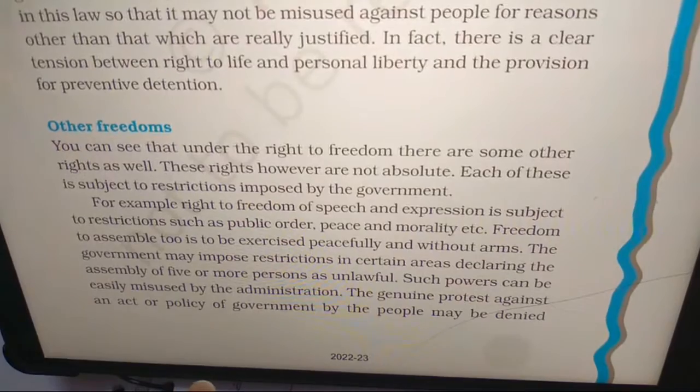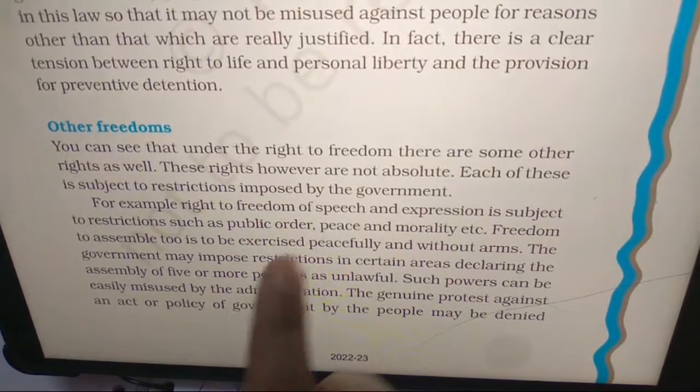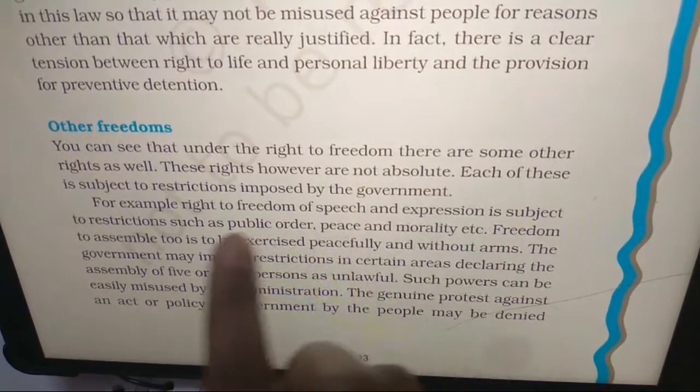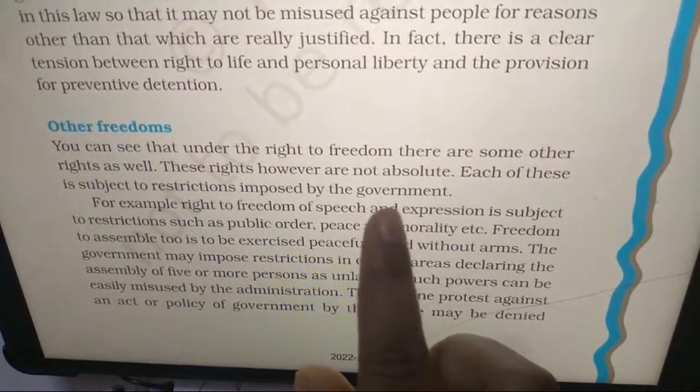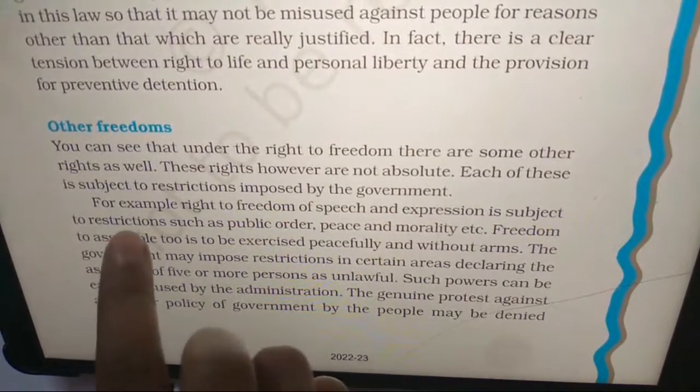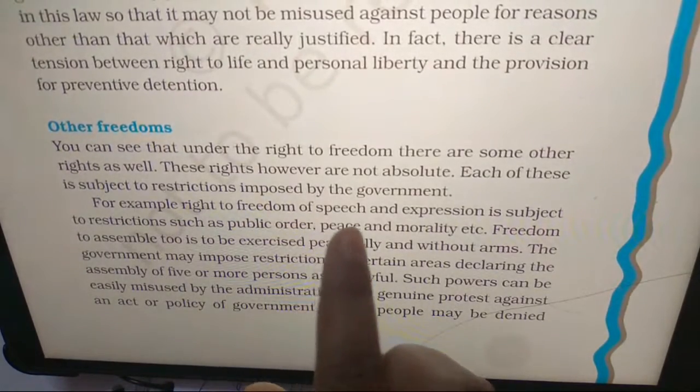Other freedoms: you can see that under the right to freedom there are some other rights as well. These rights, however, are not absolute. Each of these is subject to restrictions imposed by the government.